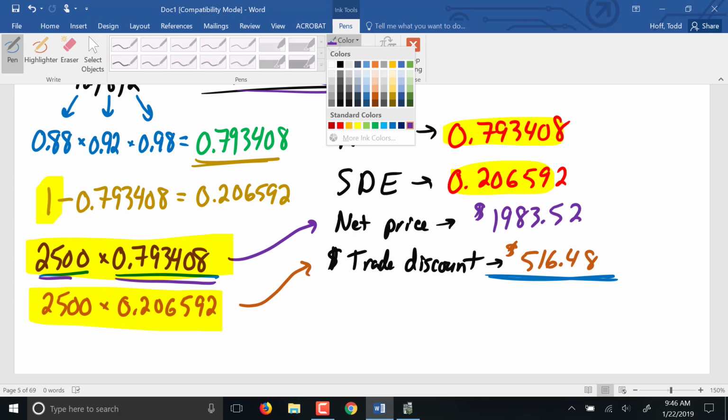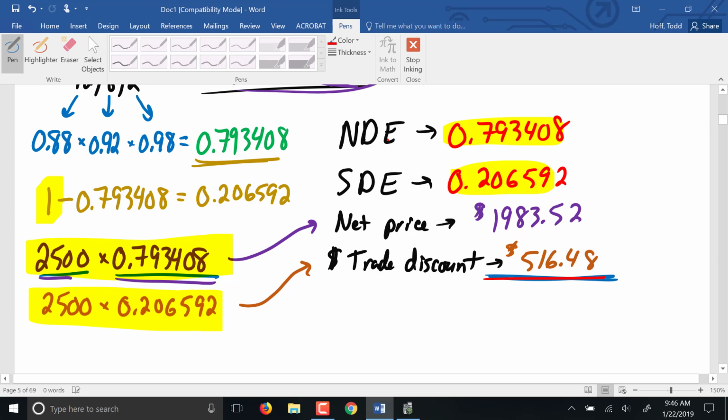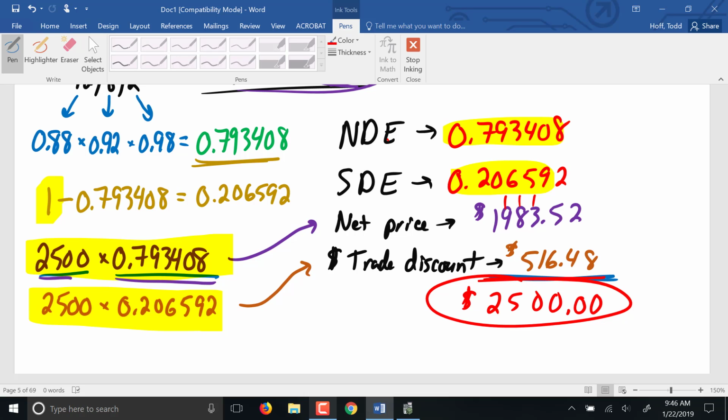Now let's double check. So we add that up, 0, 0, carry the 1, that's 10, carry the 1, that's 10, carry the 1. That is $2,500. So you can see there now it double checks. And we're confident that is the correct calculation. So you can see the advantages of calculating those separately rather than just going ahead and subtracting and assuming we have it correct.